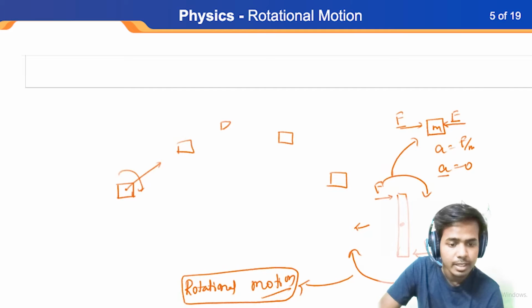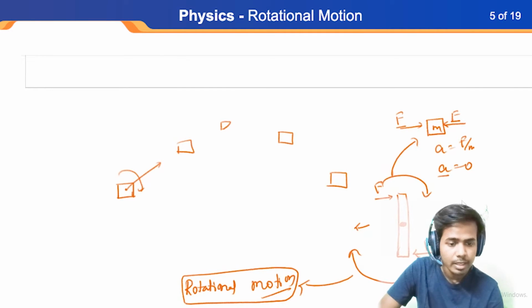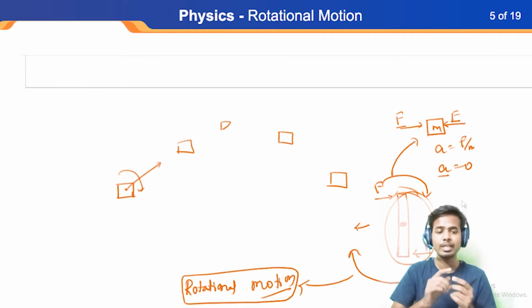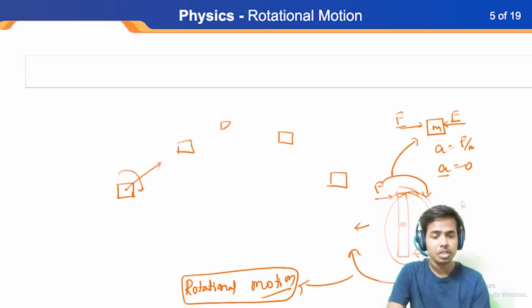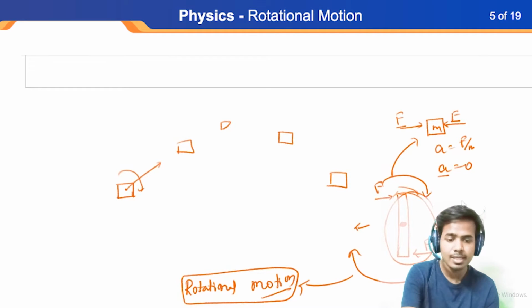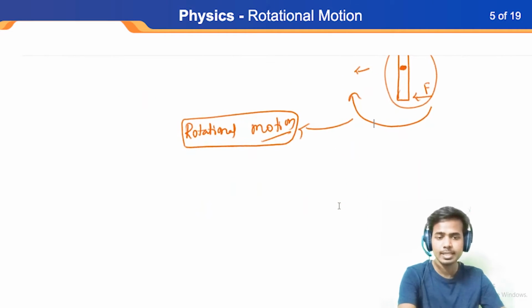Let's say this is the point. Imagine you have fixed this into the ground or on the wall with a nail, and this can rotate, then this will just rotate like a blade of a helicopter, if you can imagine it. So that is rotational motion, and this is certainly a very new type of motion which we will be discussing.